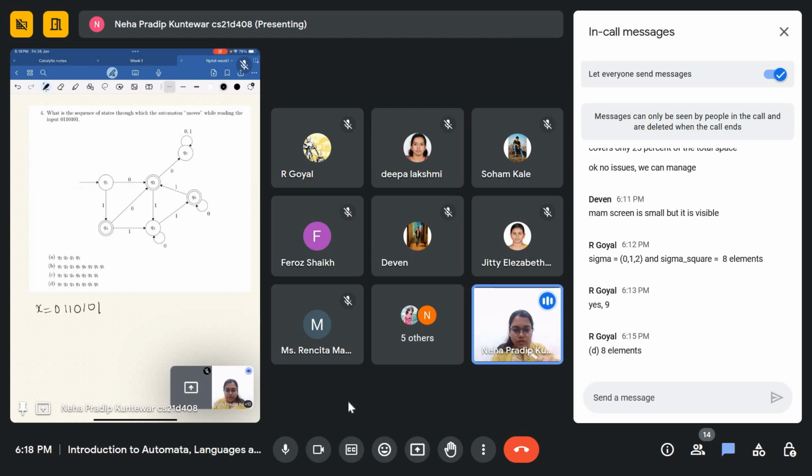As you read the string on the DFA, it's going to visit the states in the machine in some order. The question asks you to find the order of states that the string is going to visit. Again, I'll wait a few minutes for you to think about the problem, and then we can discuss.